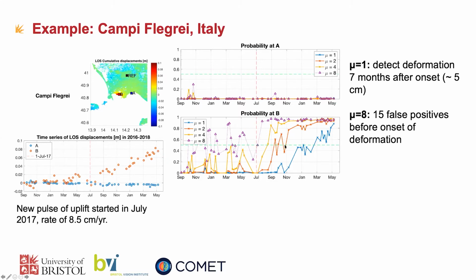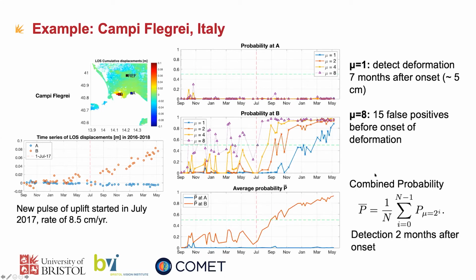That means it could detect the ground change closer to when the episode started. However, when we apply too much gain, which is like X here, for example, it says, okay, we detect something changing where the uplift starts, but before that, there's also some false positive there too.